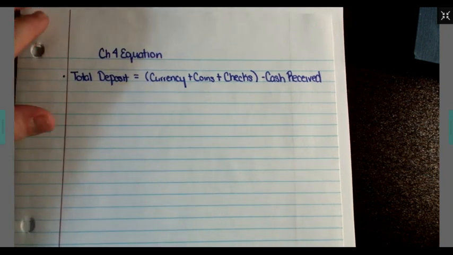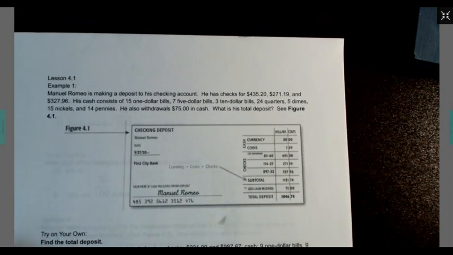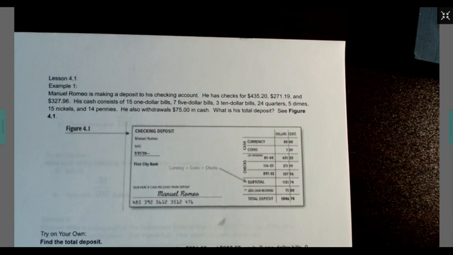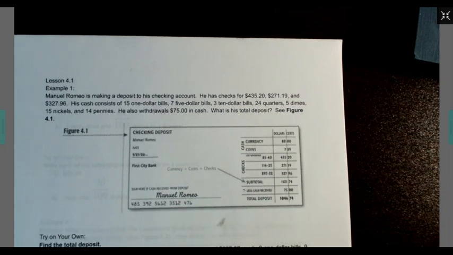Let's take a look at our first example for this lesson. We're talking about lesson 4.1. Again, this is on deposits. Example 1 says, Manuel Romeo is making a deposit to his checking account. He has checks for $435.20, $271.19, and $327.96.